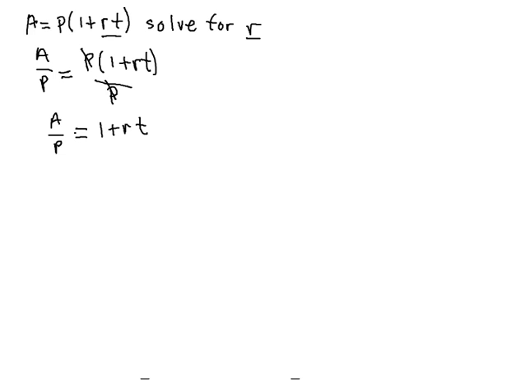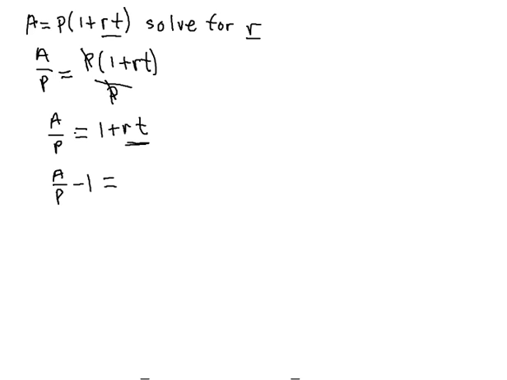All right. Then we're still trying to get the term with the r in it all alone. So the next thing to do would be to get rid of this 1 here. That's being added, so we'll subtract 1 from both sides.